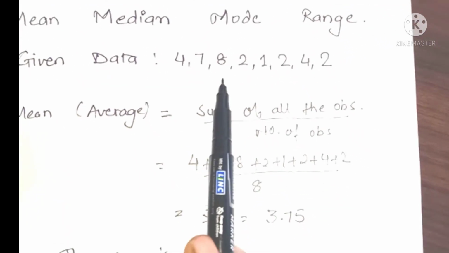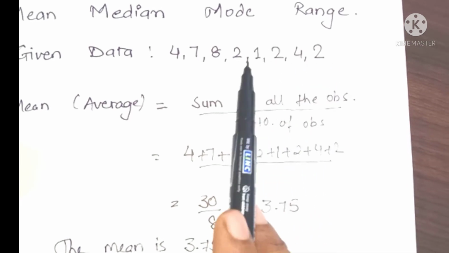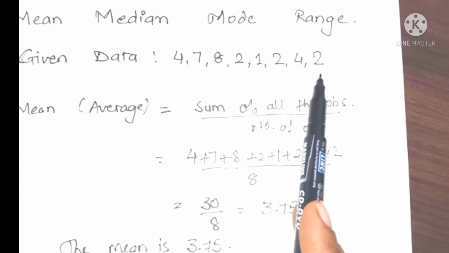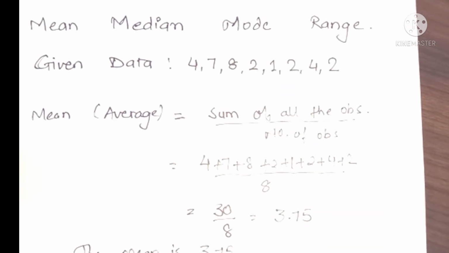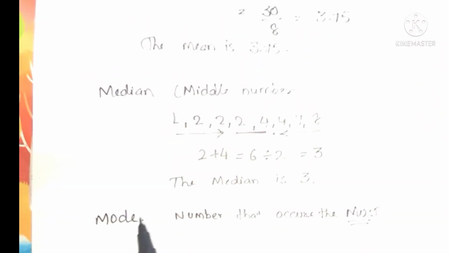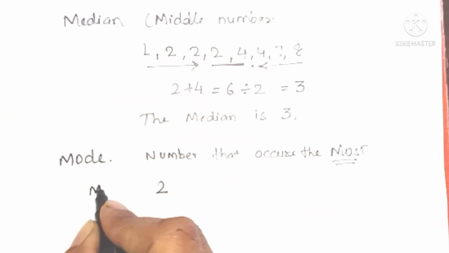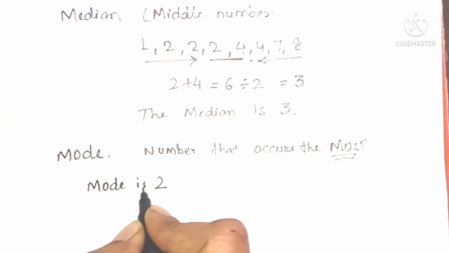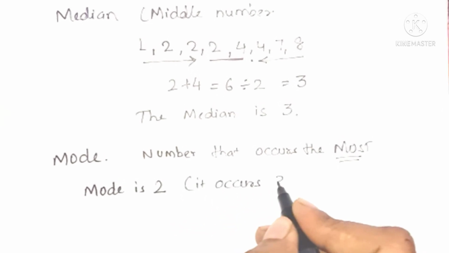When we see the data given over here, 4, 7, 8, 2, 1, 2, 4, 2, here we can see 2 occurs 3 times, which is the maximum. So the mode of the given data is 2, as it occurs 3 times.